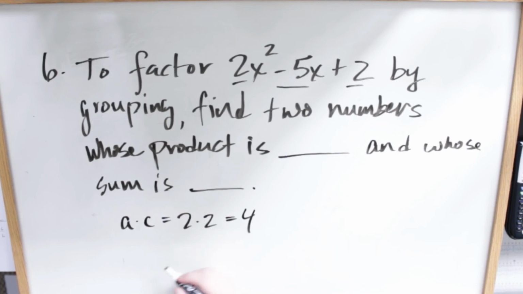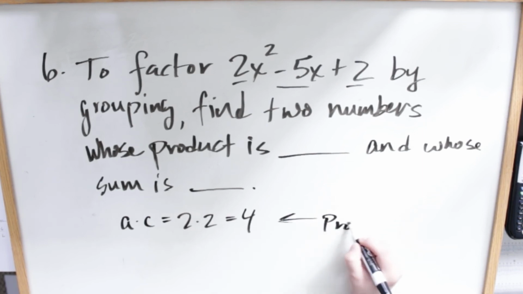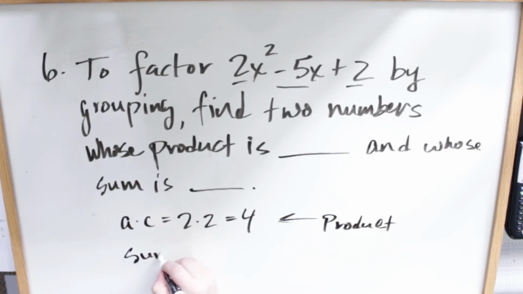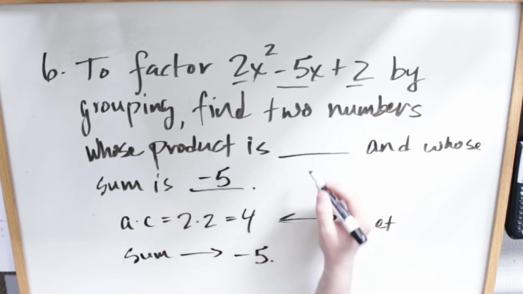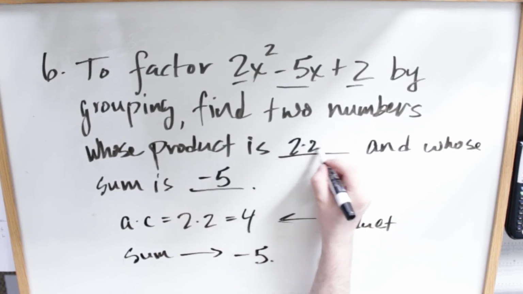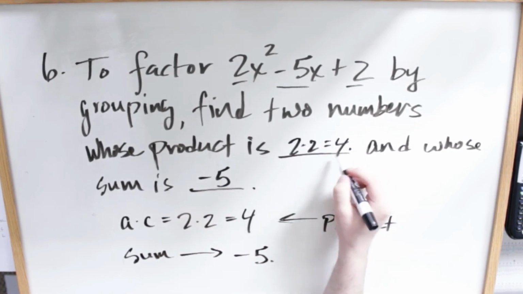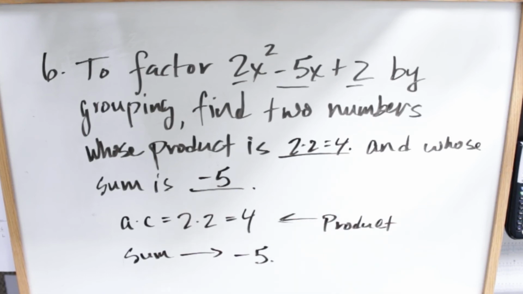So the product is 4, and the sum is going to be minus 5. So those are our answers. This is going to be 2 times 2, which equals 4. You can just put 4 if you want. That's fine. But that's the answer to question number 6.